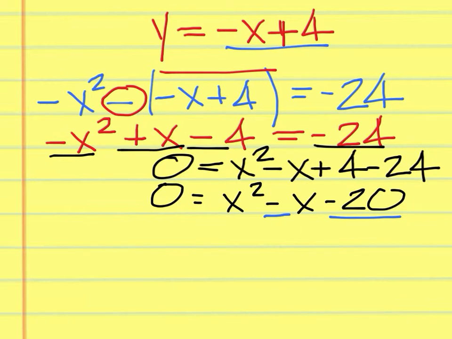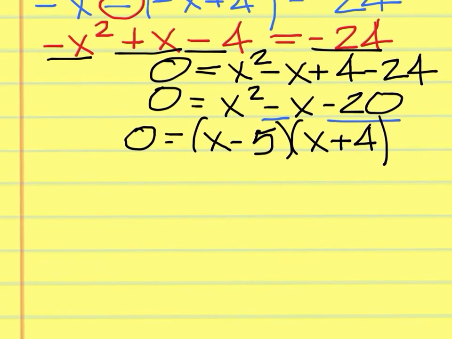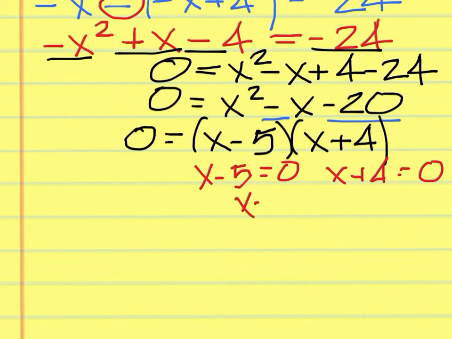Negative 5 and 4 is right. So 0 would equal x minus 5 times x plus 4. And what we do to solve for x in this case, like we did before, is to set each one equal to 0. And then solve. So in this case, x is 5, and here x is negative 4.